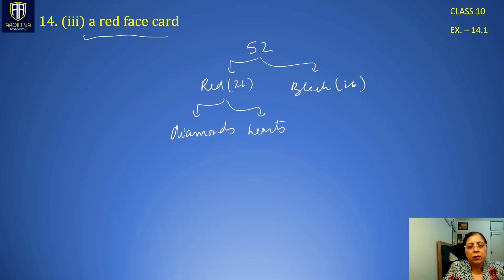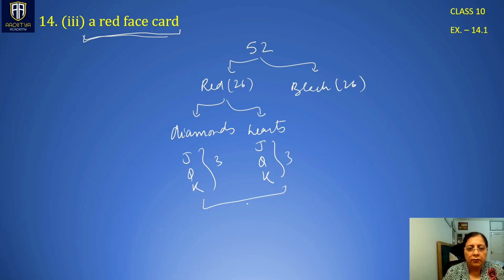Now he's asking for a red face card. Here we have J, Q, K, which are 3 in red in color. Here also in hearts we have J, Q, K, which are 3. Right? 3 diamonds are red colored and 3 hearts are red colored face cards. So in all we have 6 red face cards.